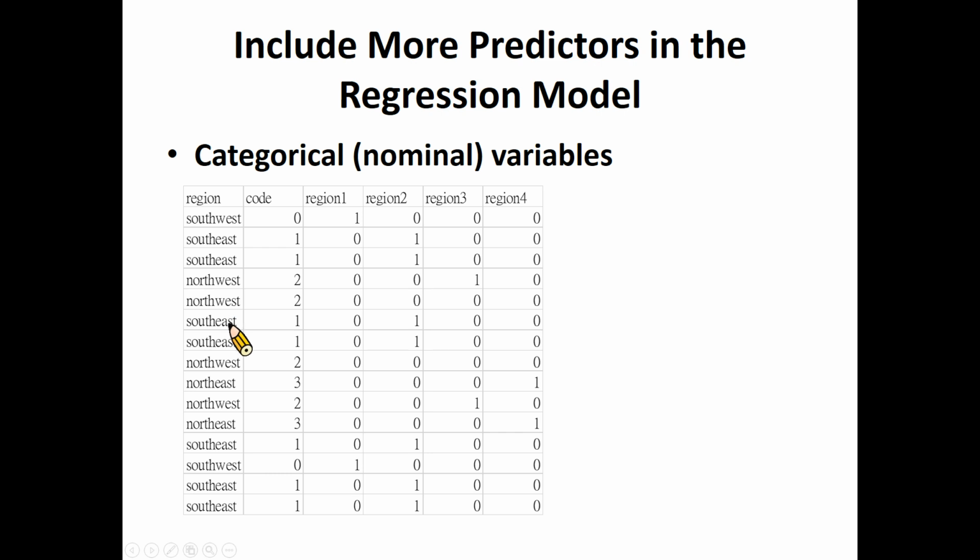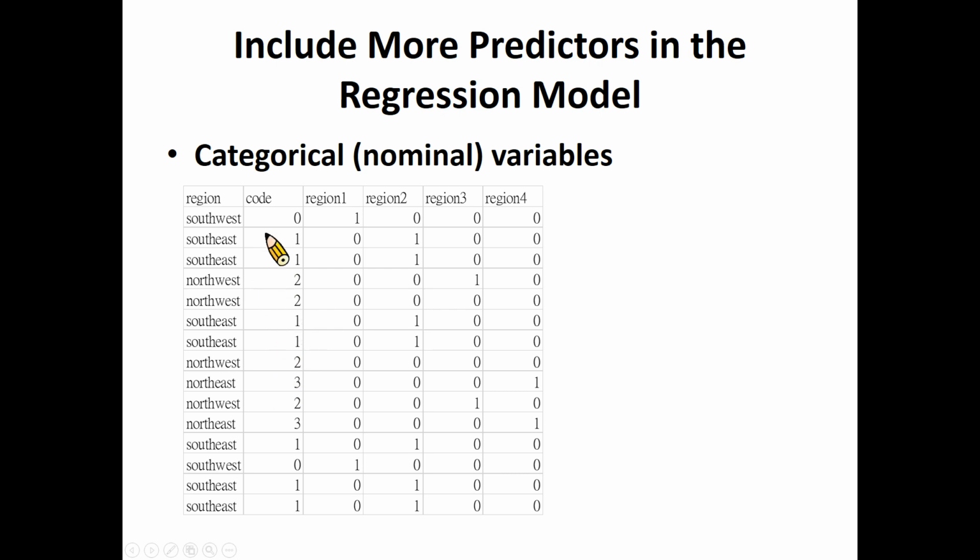For example, there's no intrinsic order by which you can specify southwest as 0, southeast as 1, northwest as 2 and northeast as 3. There's really no meaningful information in this kind of order. You could also specify northeast as 2 and northwest as 3, and so on.